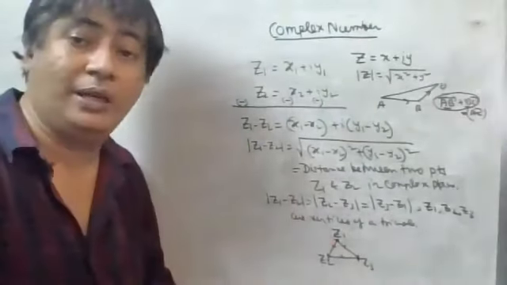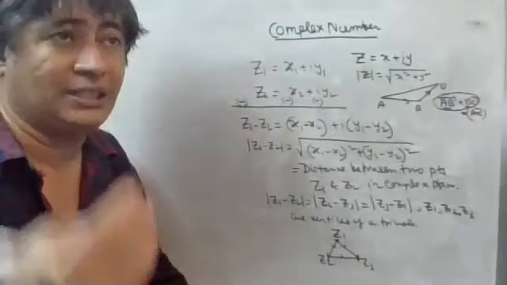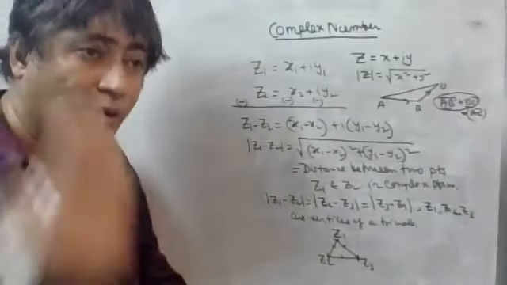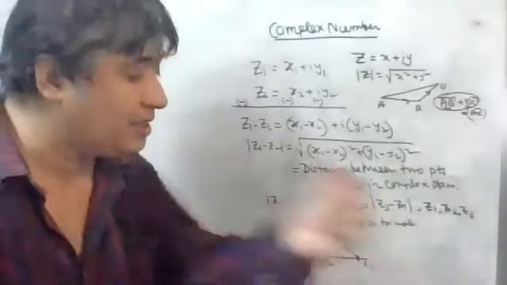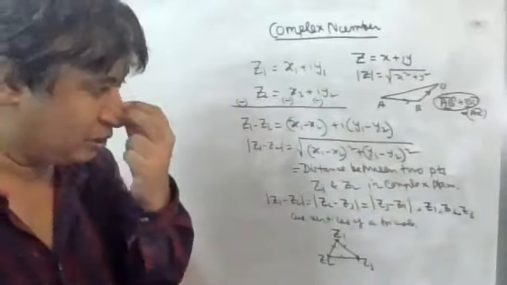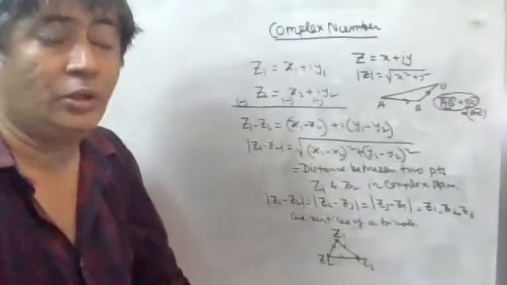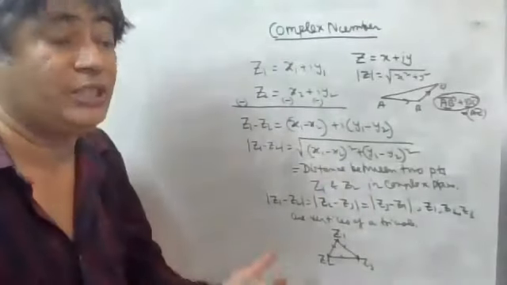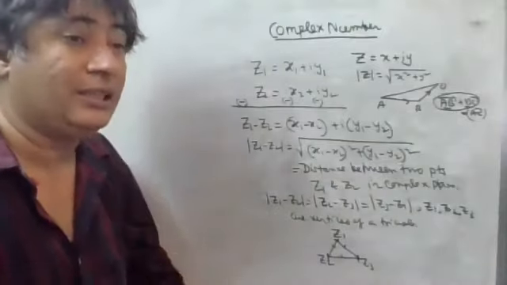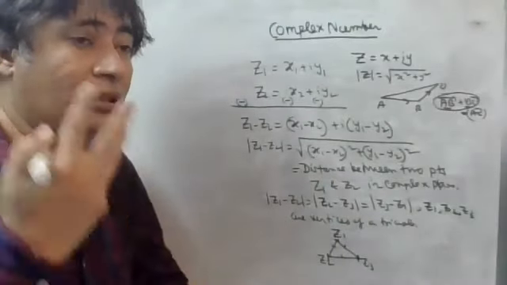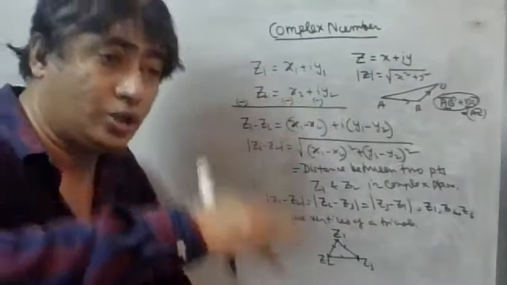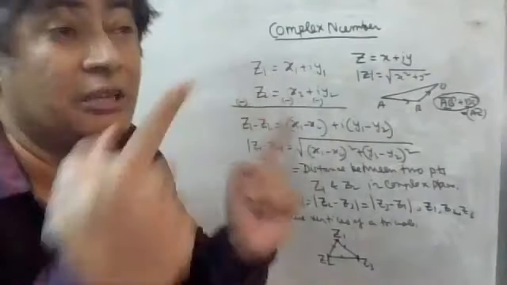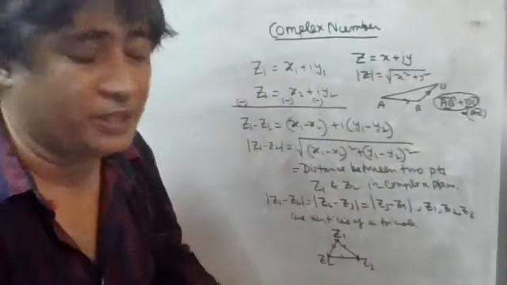So the concept we were taught in class 6 or 7, that 3 equal sides means equilateral triangle, is represented in complex numbers in this manner. Okay, so don't be confused. Don't be afraid of this new chapter of complex numbers. See, all characters of the real number system are also used in complex numbers, but in different nomenclature, different representation.